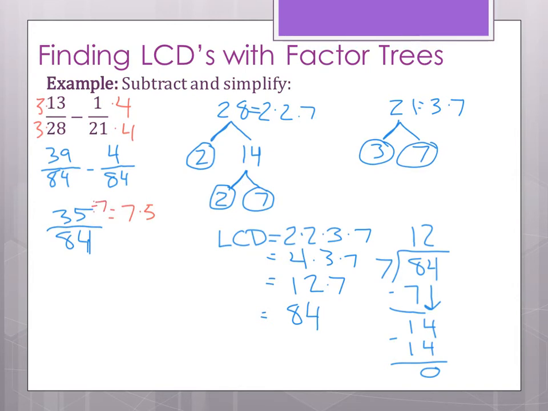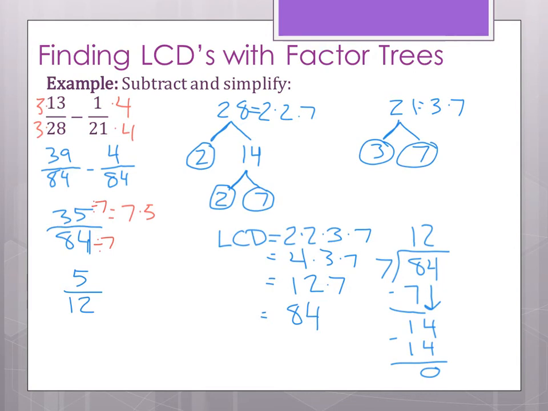So 35 divided by 7 and 84 divided by 7. I know 35 divided by 7 is 5, and I just did 84 divided by 7. That's 12. And now my fraction is completely simplified. So 5 is prime, 5 won't go into 12, I'm all done.